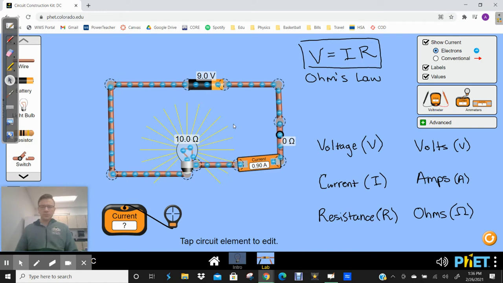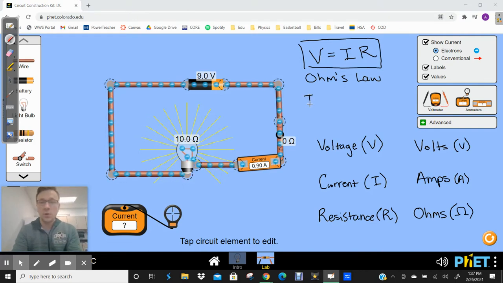Now, let's talk about Ohm's law. Ohm is a famous scientist that came up with some of this. Ohm's law states that the voltage and the current are directly proportional, but that current and resistance are inversely proportional. We can rearrange this equation a couple ways.